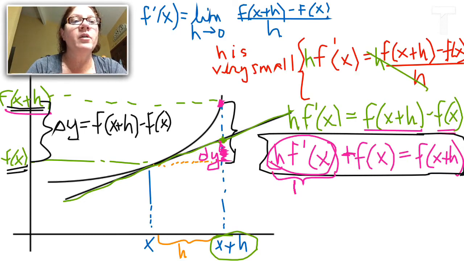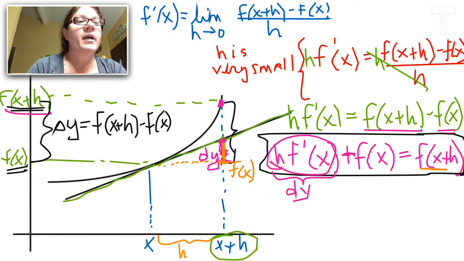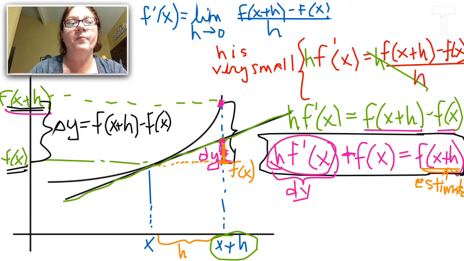So what I'm really getting is not the true value, but I'm getting an estimated y value by taking the old y value, that's right here, that's f of x, and adding this estimate, this differential, to get my estimated y value. So this is going to give me the estimate.